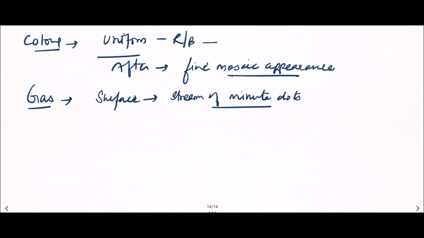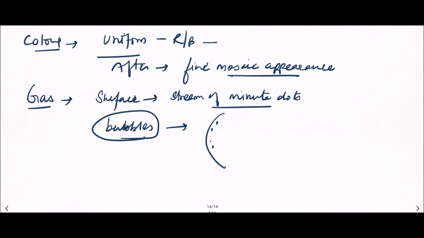But in case of putrefaction, multiple bubbles of gas are seen under the pleura, and they can be moved from place to place by stroking with the finger. So this is the finding seen in putrefaction.